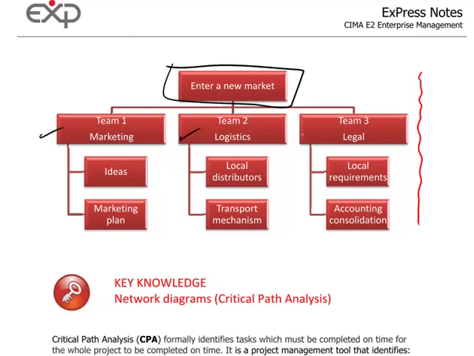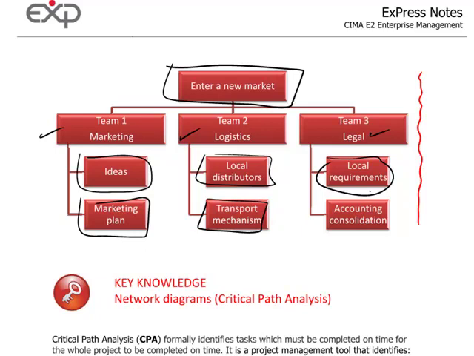Team 2, logistics. Team 3, legal. We then break that down further by talking about ideas within Team 1: marketing plan. Team 2's logistics: local distributors, transport mechanism. And then within Team 3 legal we break it down further to local requirements and accounting.